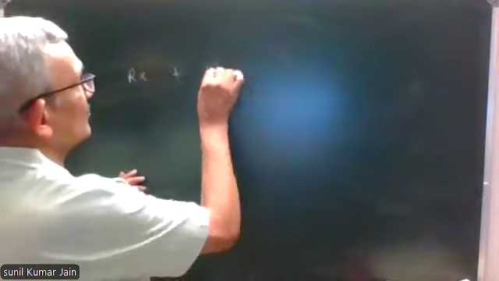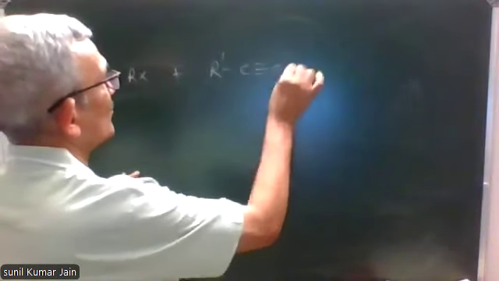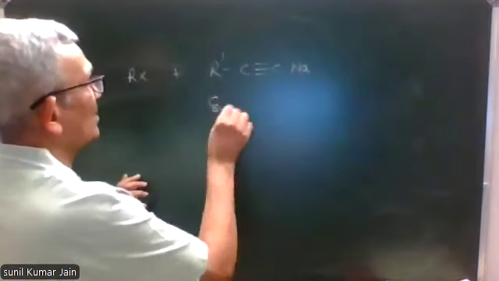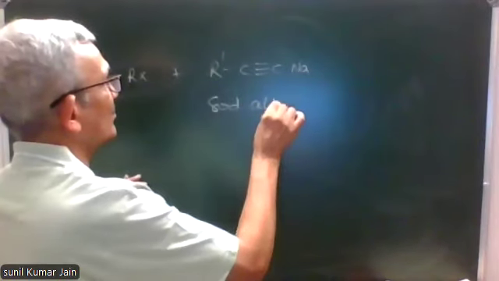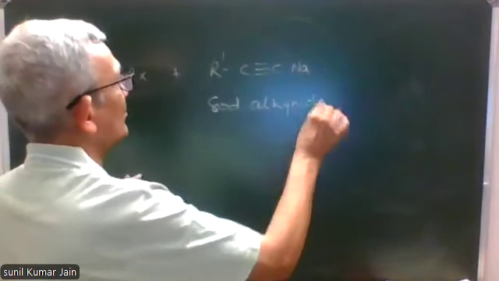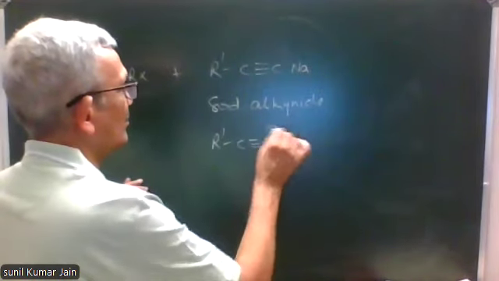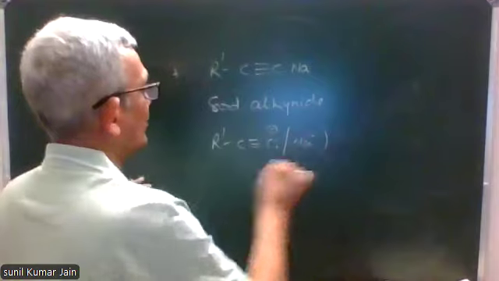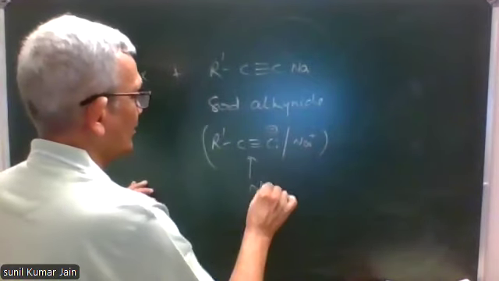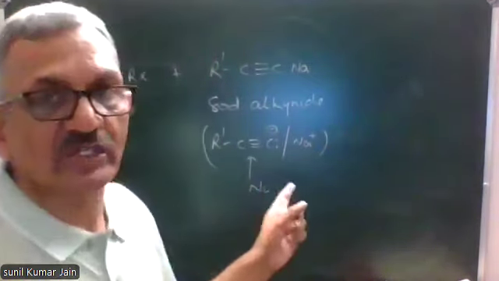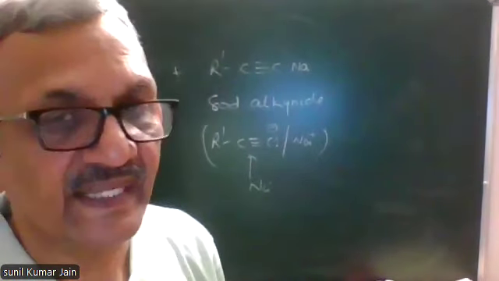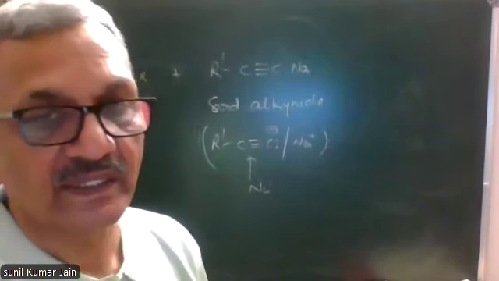Next is reaction with sodium alkynide. It means sodium salt of alkyne. This is the nucleophile called alkynide ion.